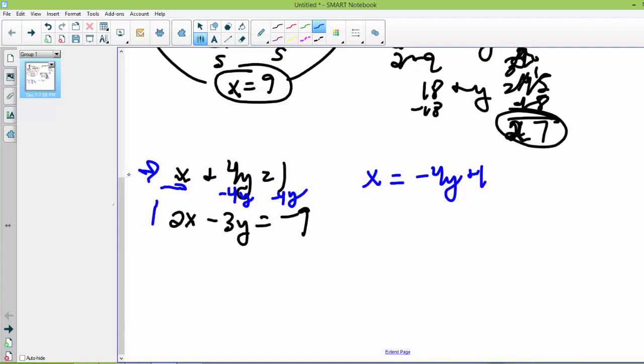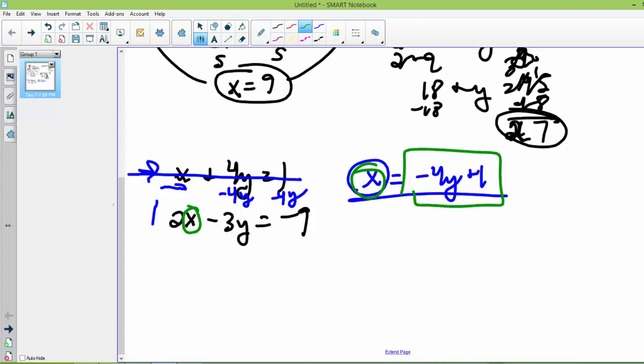So really, we don't even need to look at this equation anymore because our new blue equation is the exact same thing. Okay, so for substitution, this is our x. This is an x right here. Since this is equal to x, that is what's going to be put in.